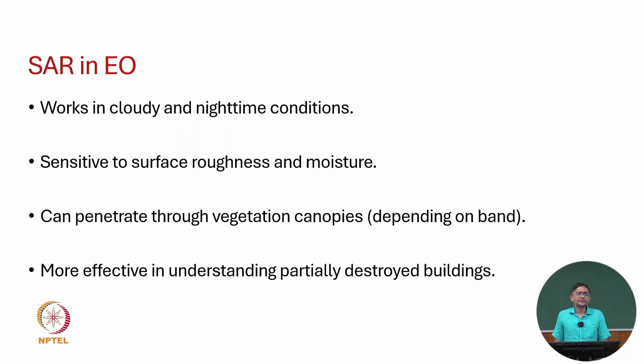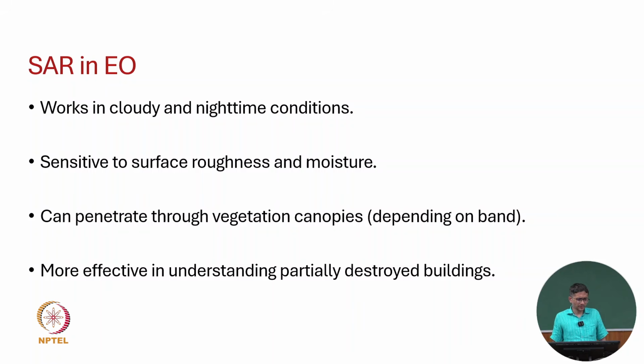So why is SAR relevant in Earth observation? Because it works in cloudy and nighttime conditions. It is sensitive to surface roughness and moisture. It can penetrate through vegetation canopies. Depending on the band, not so much if we talk about X band, not even for C band, but there are other bands, which we'll see soon, where we see significant penetration, and that is one very important aspect of using SAR.